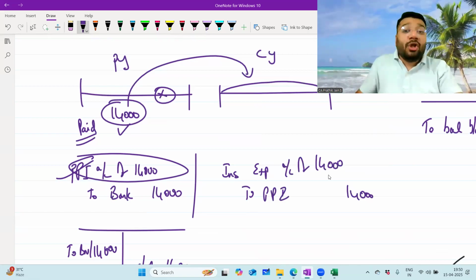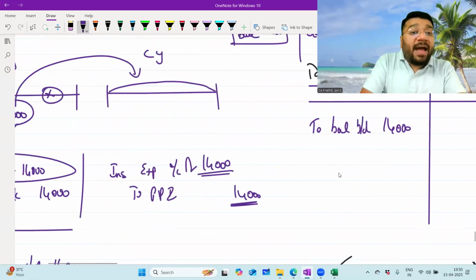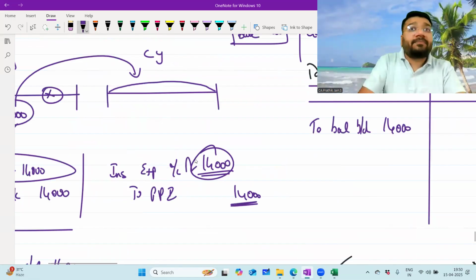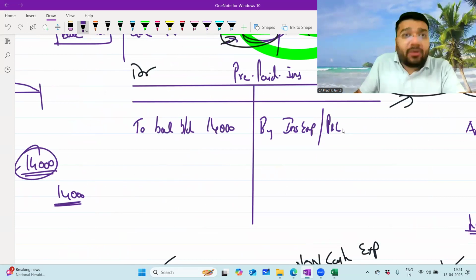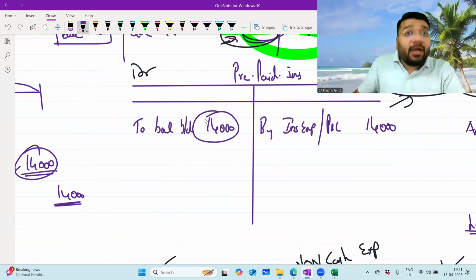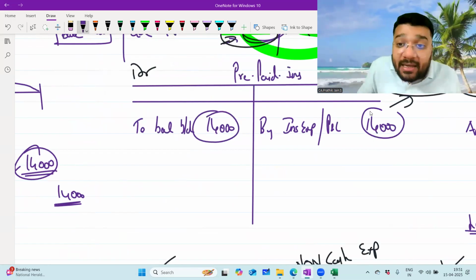So current year in the prepaid insurance, if I record to insurance expense, do you have any problem? So by insurance expense, or I can call this as P&L also, 14,000 rupees, which means this 14,000 which is paid in the last year is recorded in the current year P&L as expense.